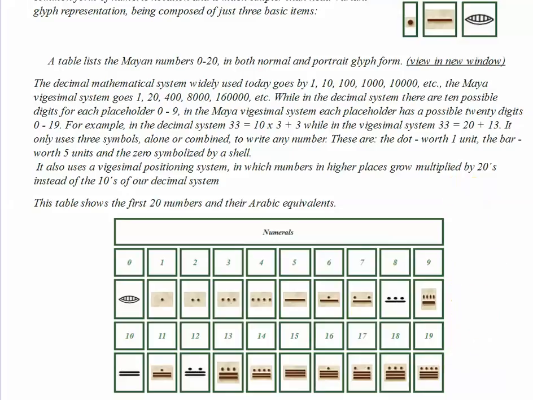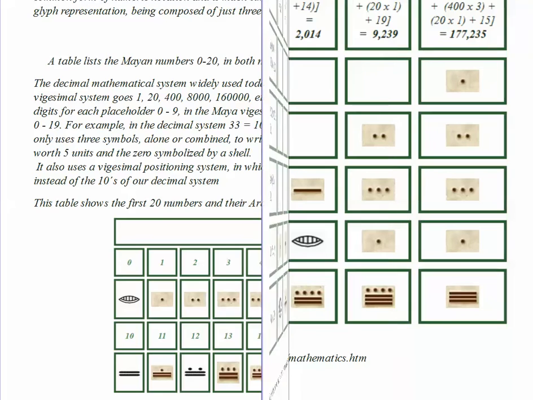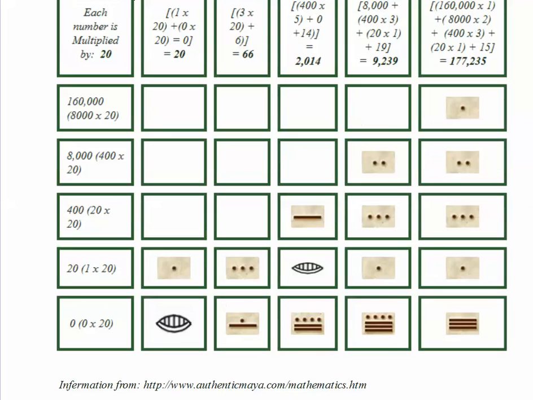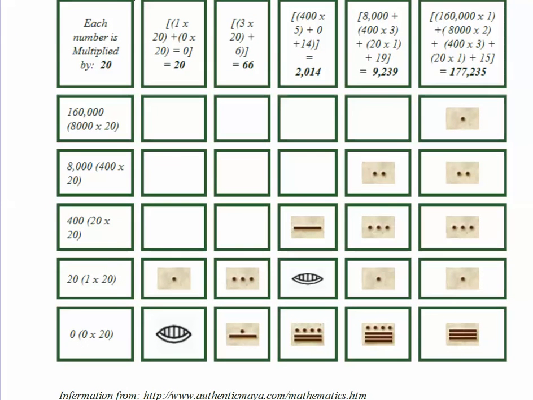Well, what does that mean in practice? Well, here's what it means. Instead of using horizontal place values, they had vertical place values. So the bottom is just the ones place. The one above the ones place is the 20s place. So whatever number is here, you're going to multiply by 20 because it's the 20s place.